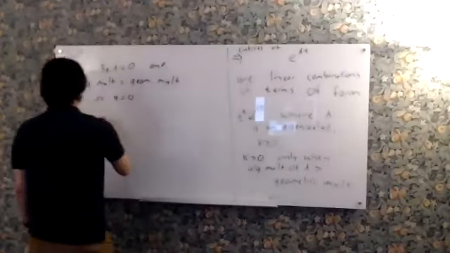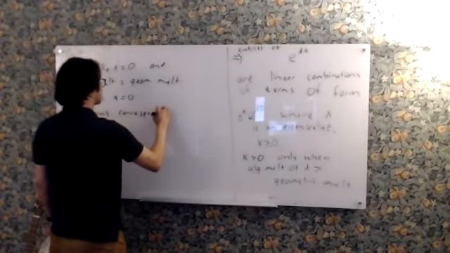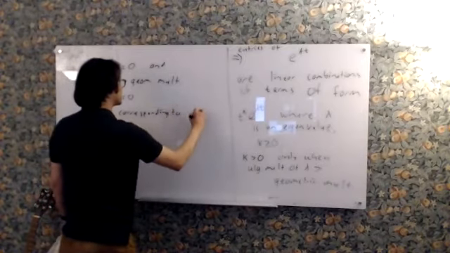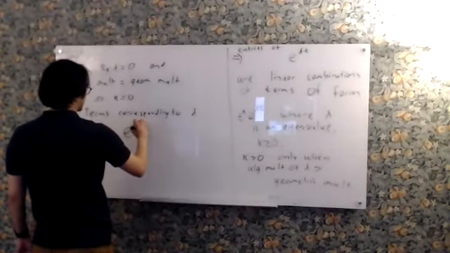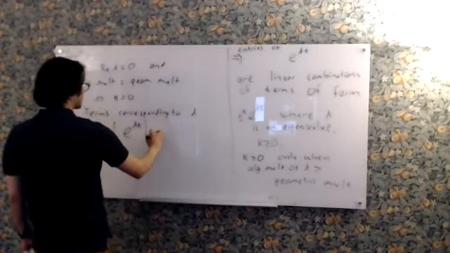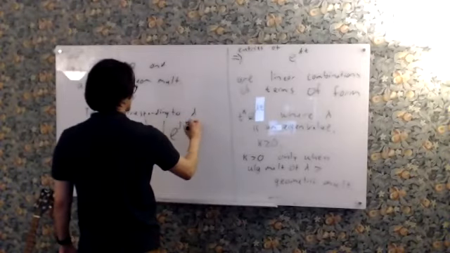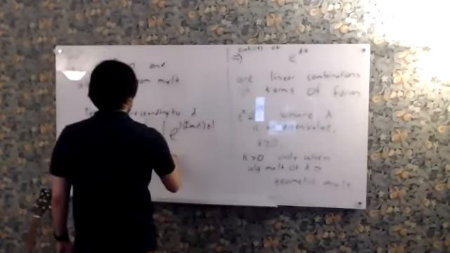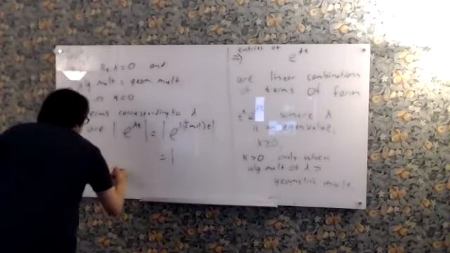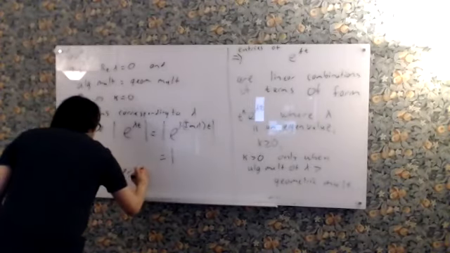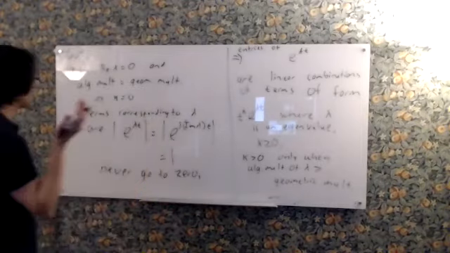So the terms corresponding to lambda are e to the lambda t. They have magnitude of this thing, where the real part is 0, so it's e to the j times the imaginary part of lambda t, which is just 1. So they never go to 0. But they don't blow up.